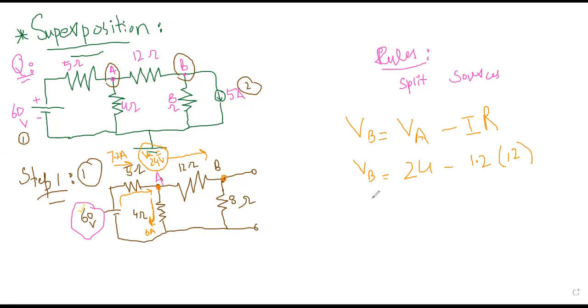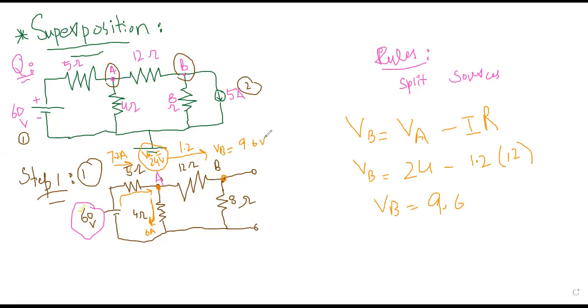Here the value is 1.2 we calculated before, so VB equals 24 minus 14.4, that will be 9.6. So VB equals 9.6.